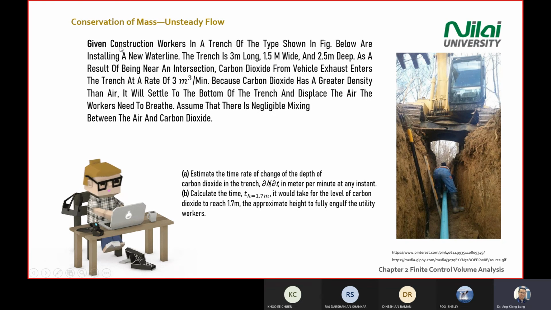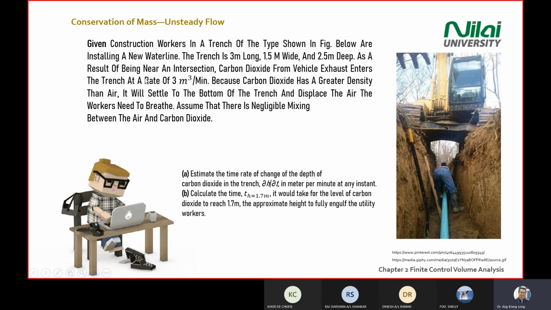The question illustrates a scenario where a worker works in a trench to install a water line, and the trench has dimensions of 3 meters long, 1.5 meters wide, and 2.5 meters deep. This gives you the volume dimension.